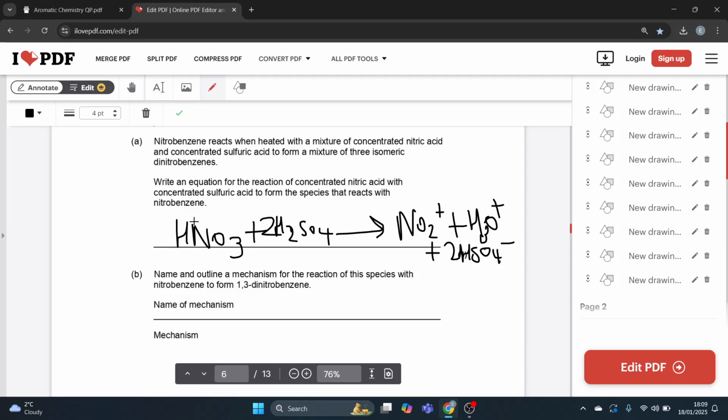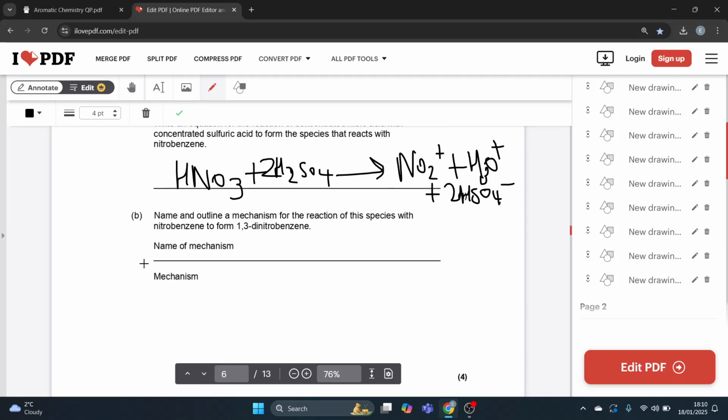Yeah, H2SO4 plus HNO3 plus H2SO4 forming NO2 plus, H3O plus, and 2HSO4 minus. Yeah, just remember this one.